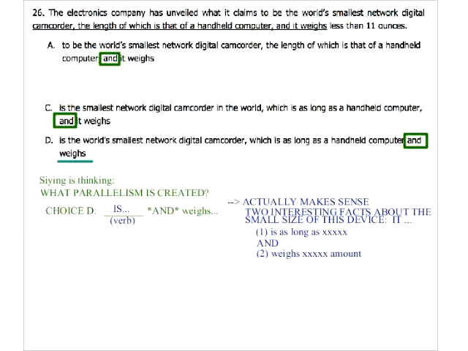That's the actual parallel structure that is intended here. Remember, when you talk about parallelism, you should always be able to call the parallel structures A and B, or X and Y, if you were speaking out loud. So here you can totally do that. This thing A is as long as this, and B weighs only this much. This makes perfect sense. Any questions about the parallelism in choice D?